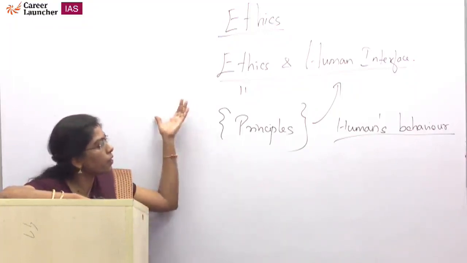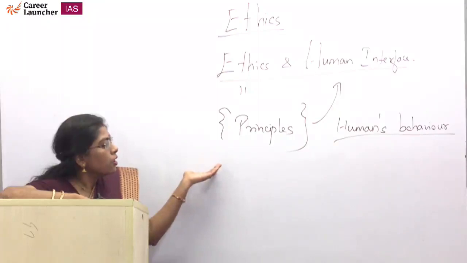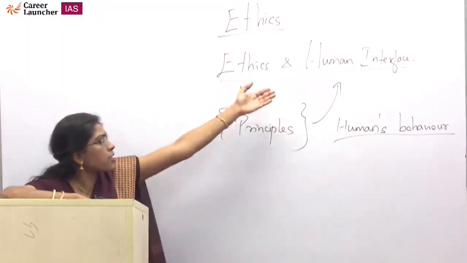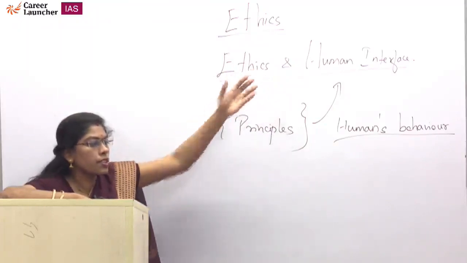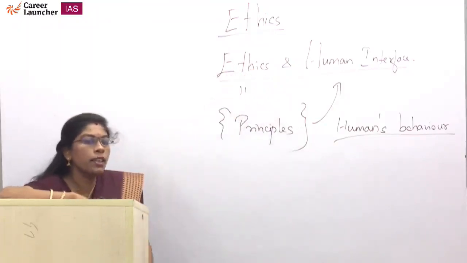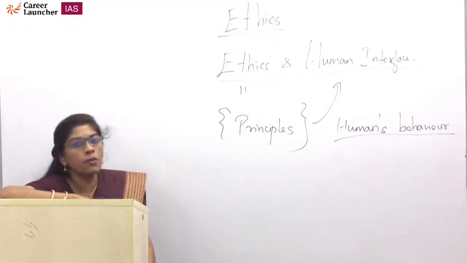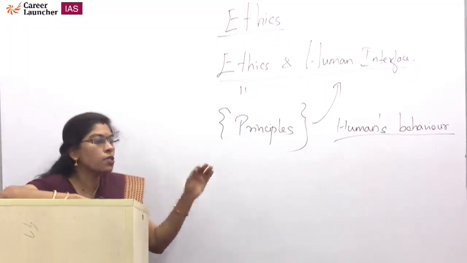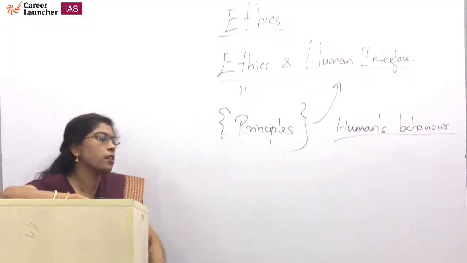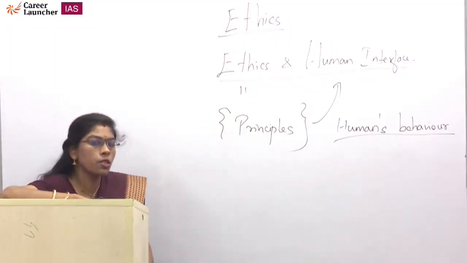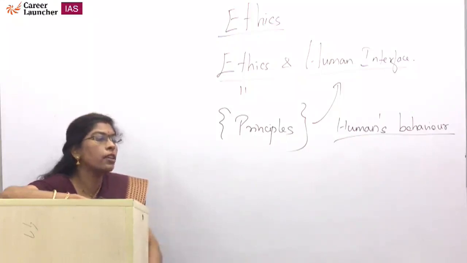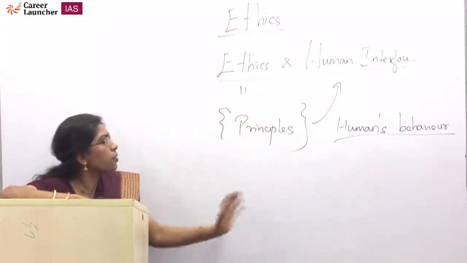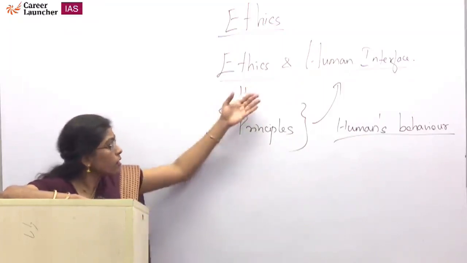First we will define what ethics is. Then the essence, determinants and consequences of ethics in human actions, which is what we call human interface, interlinking humans with ethics. We are going to assess human behavior or action based on moral principles. This is the first topic which we will discuss elaborately. I am just giving you a synopsis, so keep your syllabus with you and listen to me.